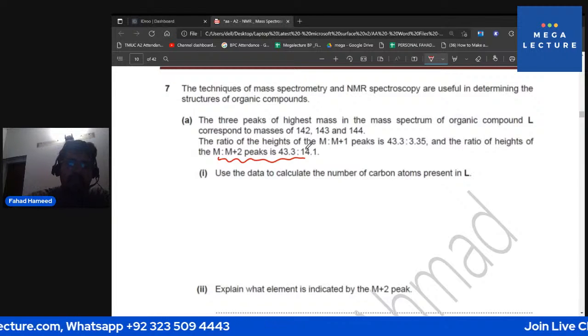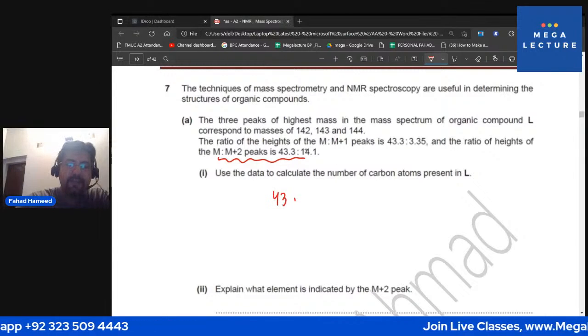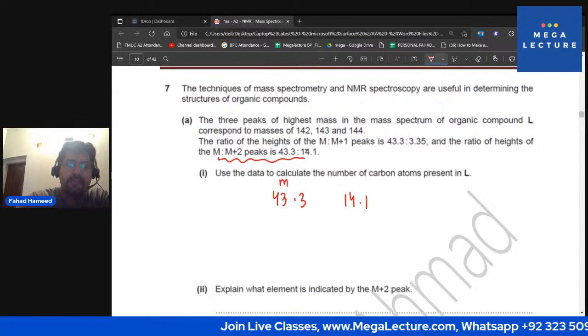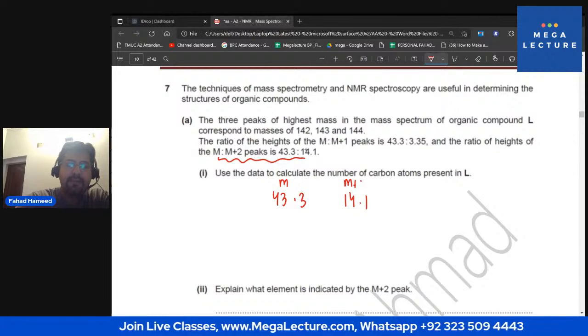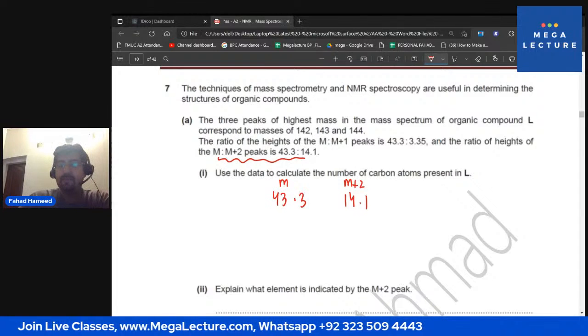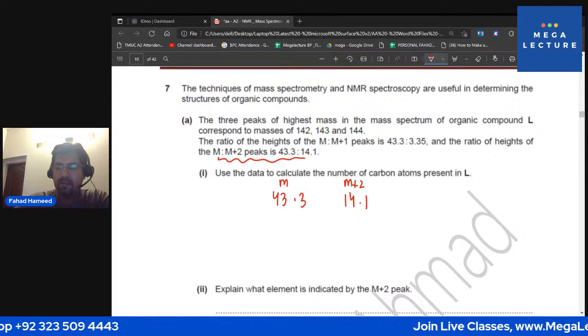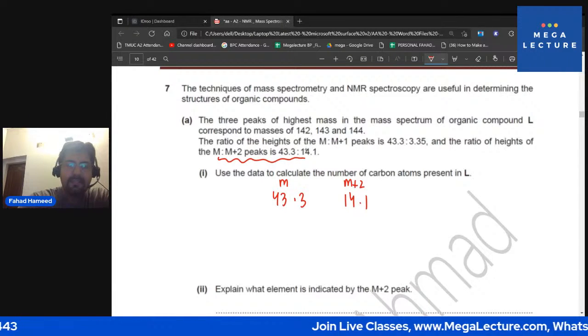You're going to figure out the simplest ratio first. This one is M and this one is M plus 2. The way you figure out the simplest ratio is to divide by the smallest. So 43.3 divided by 14.1 gives me 3.07, and this is 1.